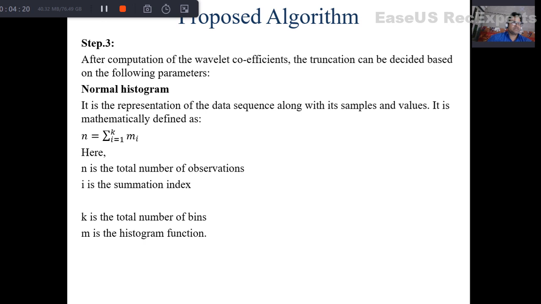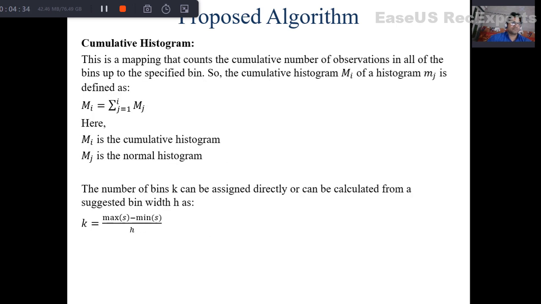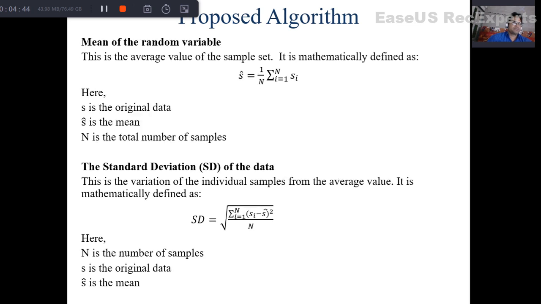Step number 3: after calculating the wavelet coefficients, we will calculate some additional features, such as the normal histogram, and this formula calculates the normal histogram. After that, we will calculate the cumulative histogram, and this formula calculates it. After calculating the cumulative histogram, we will calculate the mean of random variables, and this formula calculates the mean.